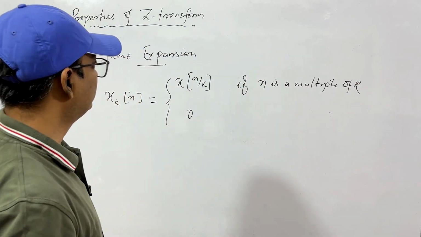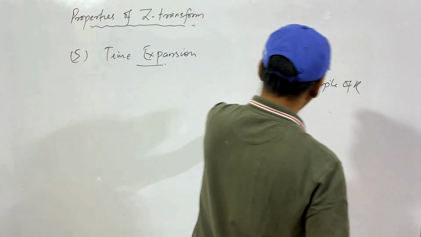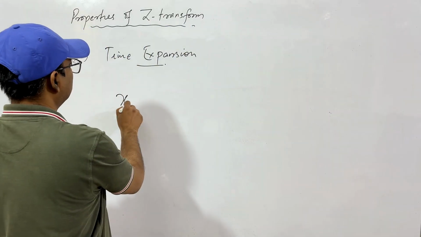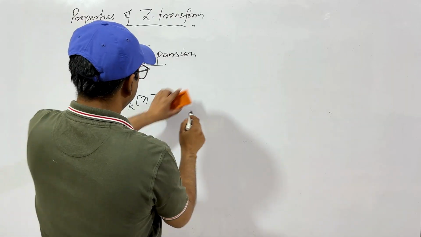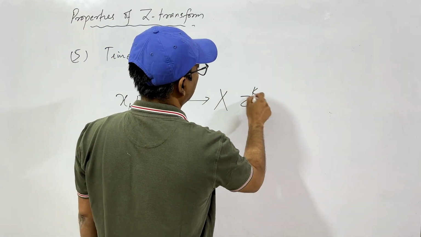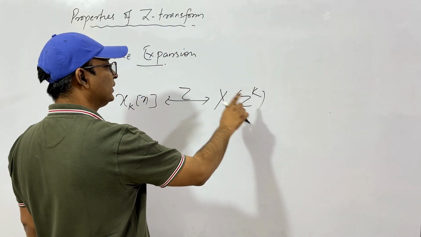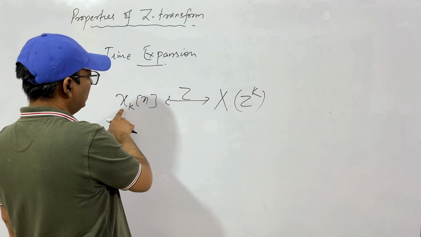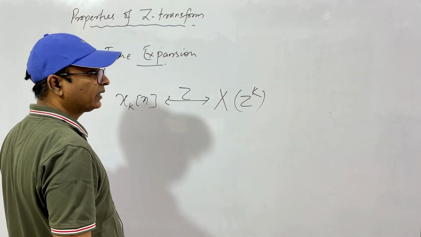This is the function. So the z transform of this function x_k[n], or I should write like pair, is basically X(z to the power k). This is time expansion. So if you know what is X(z), and you have to find this function, that will be z to the power k only.